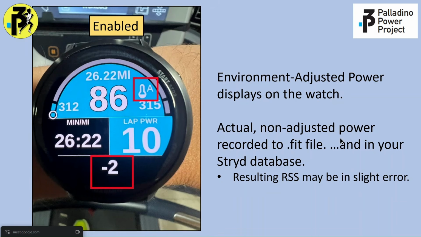Alex was talking about, it says he'd rather, this is watts, right? So this is how many watts is being adjusted. Alex was suggesting that this should be percentage, and my response is, yeah, I agree, but it may be a watch display limitation where decimal points can't be used down here.